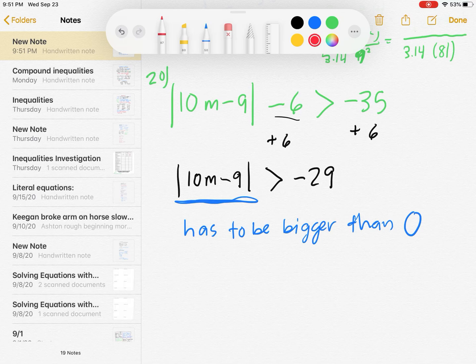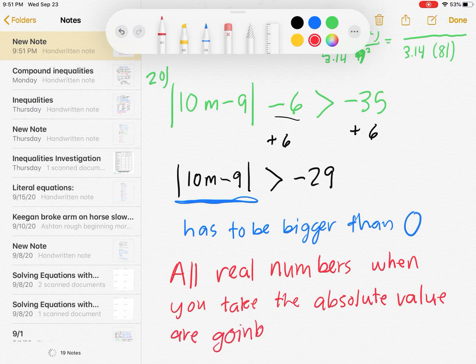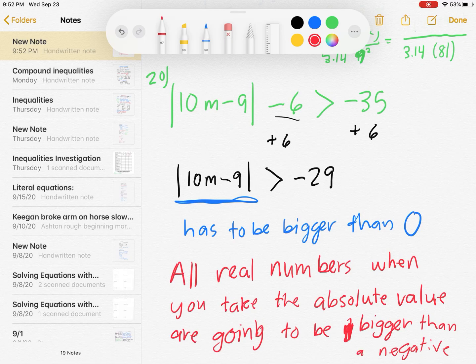So all real numbers, when you take the absolute value, are going to be bigger than a negative, which is exactly what this problem is saying. So we've got an absolute value, and it's saying that's going to be bigger than a negative.